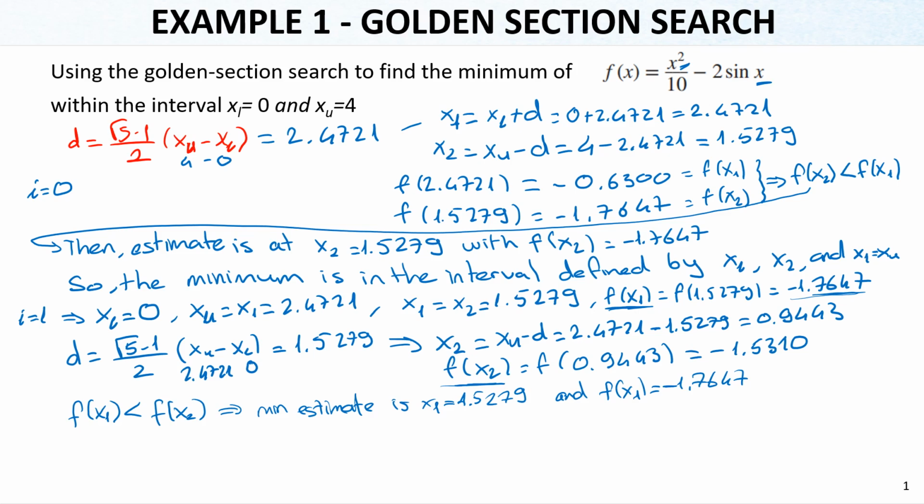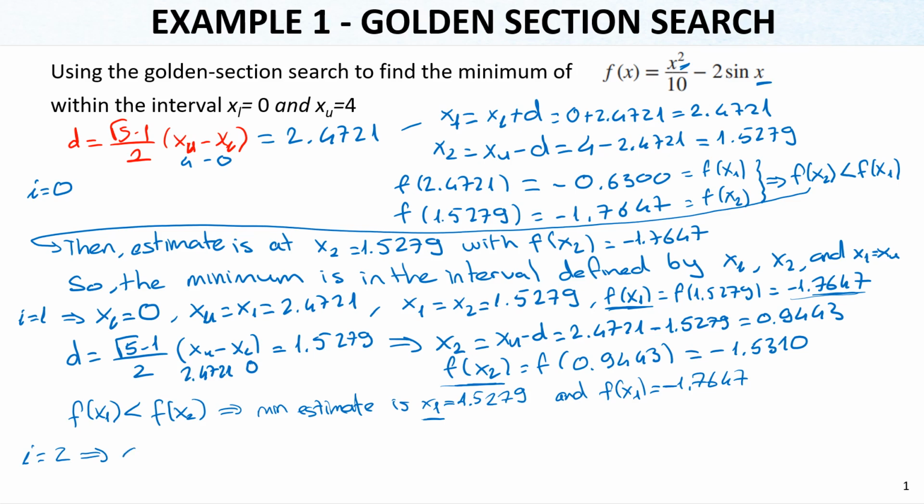Now the interval is done for i equals 2. This time we will change the xl value because we determined that x1 is the minimum estimate, and we determined this using xl. That's why we changed the xl value as the minimum, the value of this.